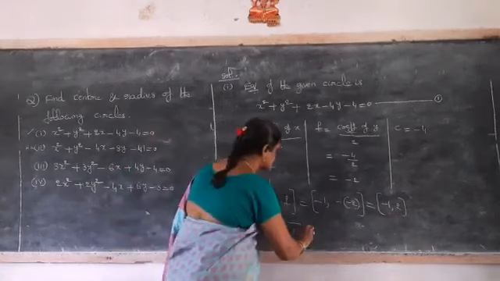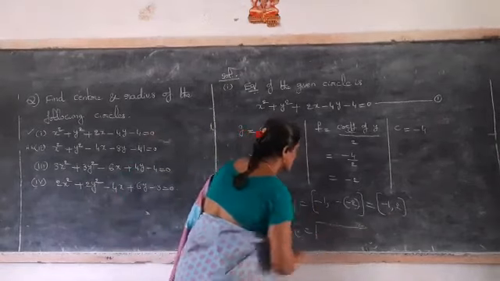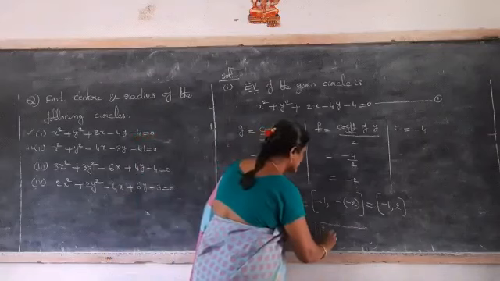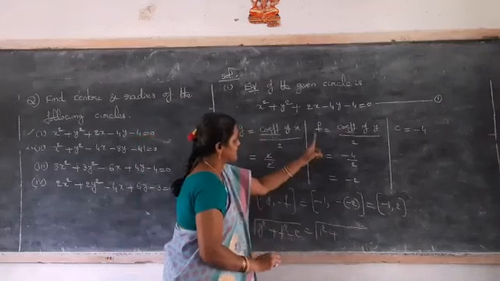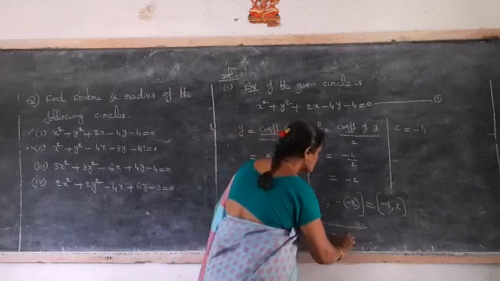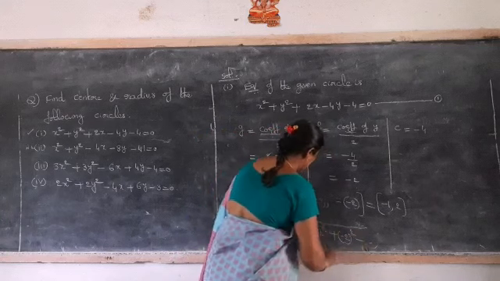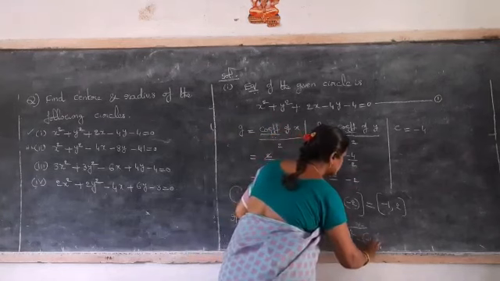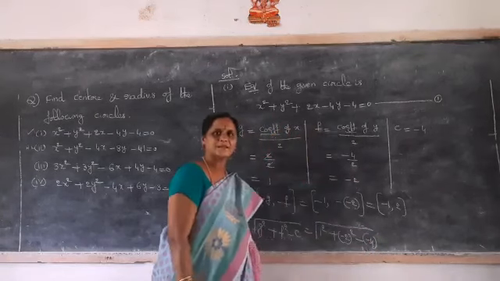Now I do substitution. r is equal to root of g, that is 1, so 1² plus f², that is -2 whole square, minus c. c is equal to -4, that is minus of -4.